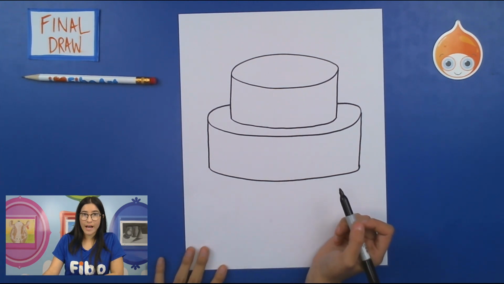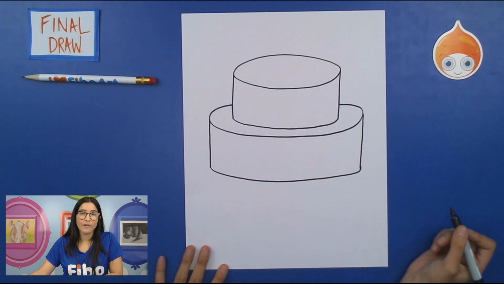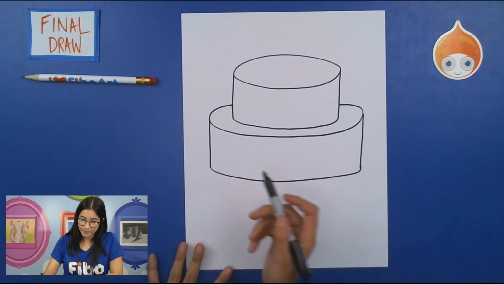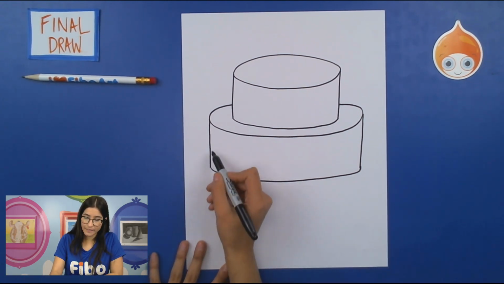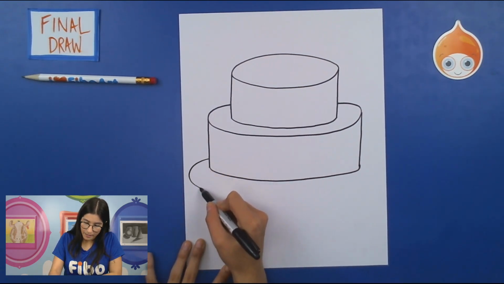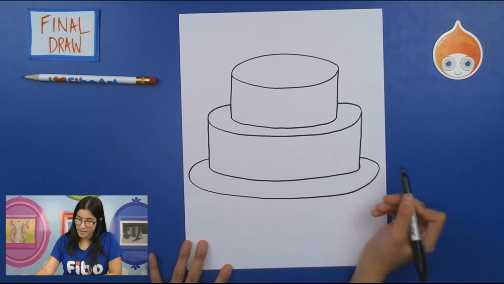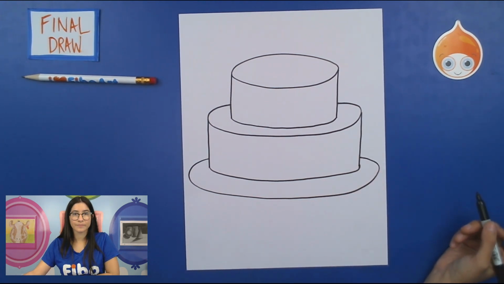So in order to do that, we're basically going to be doing the same shape that we did in our practice draw. So you're going to start on the left side of your second layer. Start a little bit above the bottom of that cake. Go ahead and draw the oval for the top.